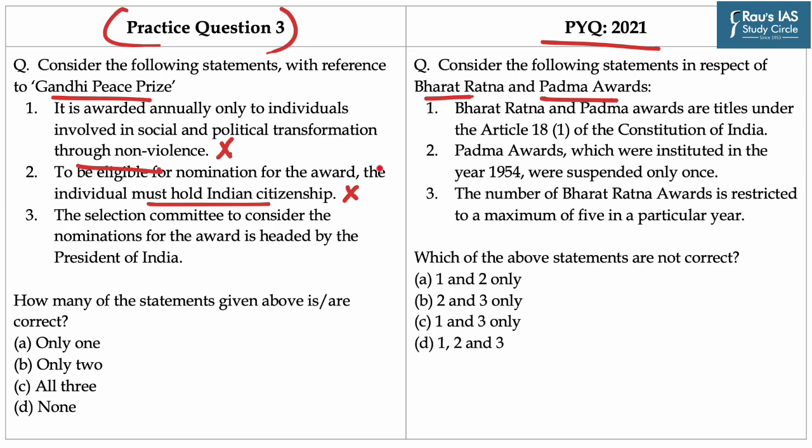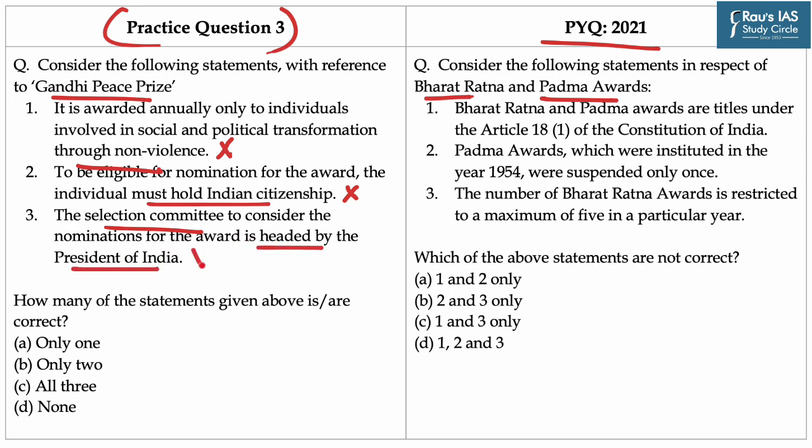The previous awardees include organizations such as ISRO, Ramakrishna Mission, Grameen Bank of Bangladesh, whereas it has also been conferred on the former President of South Africa, Nelson Mandela, and Bangabandhu Sheikh Mujibur Rahman of Bangladesh. Statement 3. The selection committee to consider the nominations for the award is headed by the President of India.